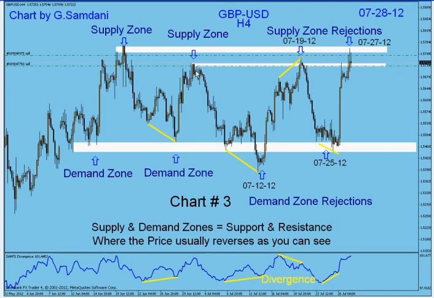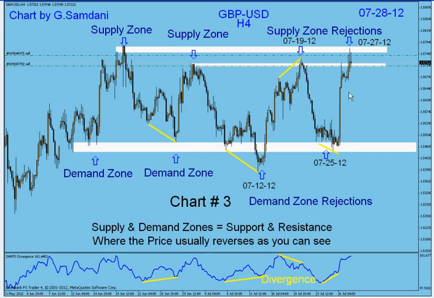So these two were the supply zone and demand zone, and then price came down here and dipped below it, but it came back up above the band, probably from this demand zone, resistance. It went up again all the way to this supply zone, then came back here.